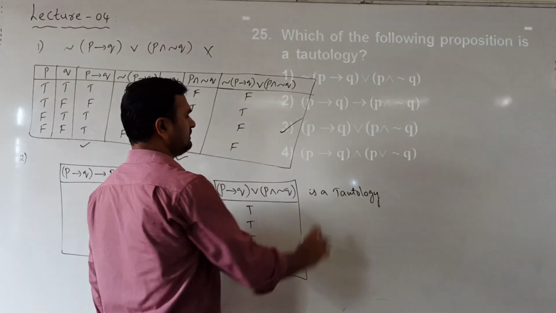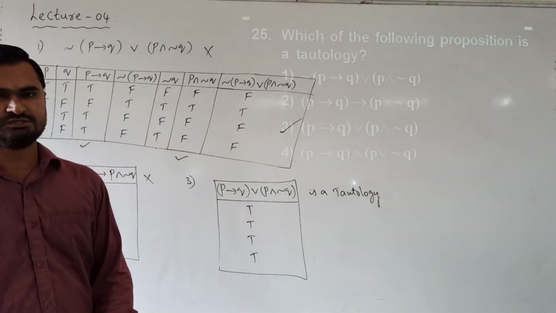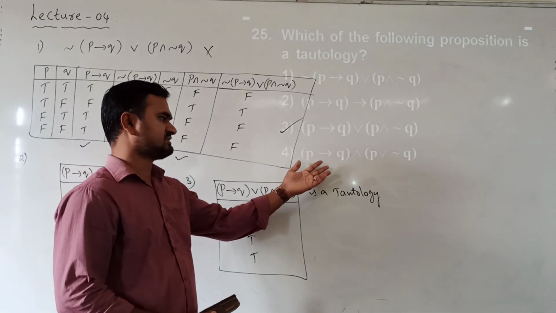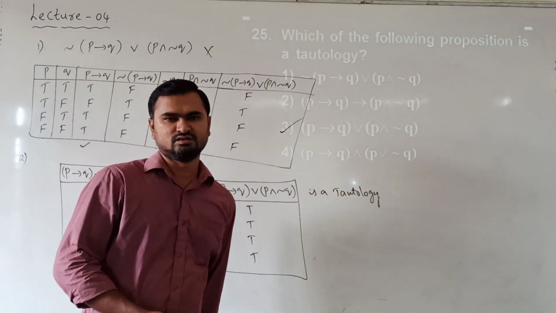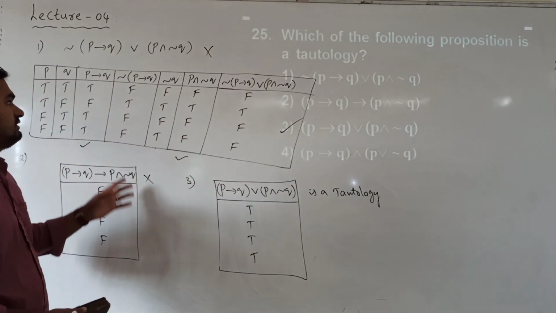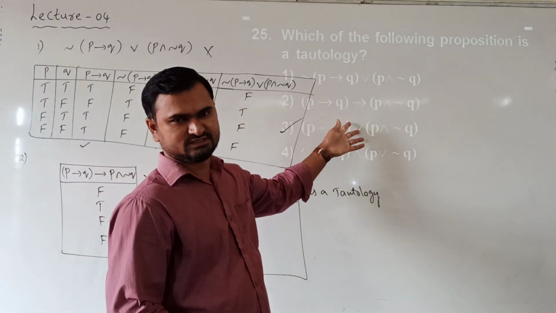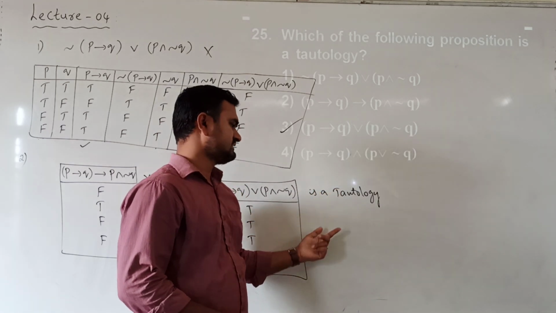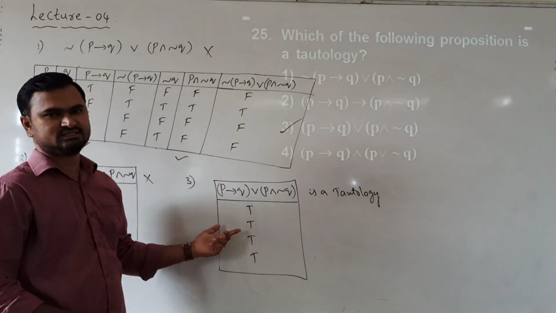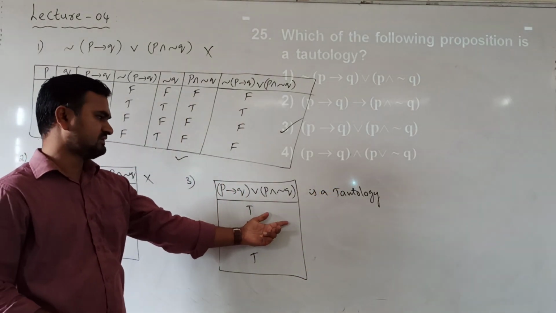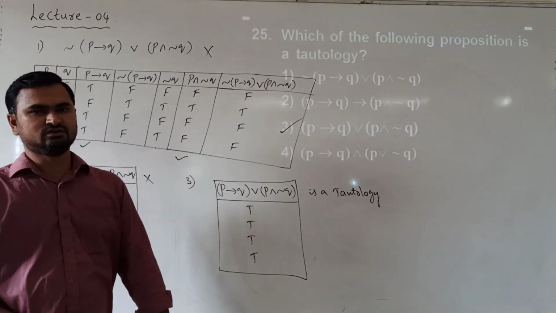Okay, so our required answer will be the third option. Okay, you can see fourth option, it will not be tautology. Okay, so for finding tautology, let us write a truth table for each of the options and see which column is having all truth values as T. So this is having truth values as T. So it is a tautology. Okay.